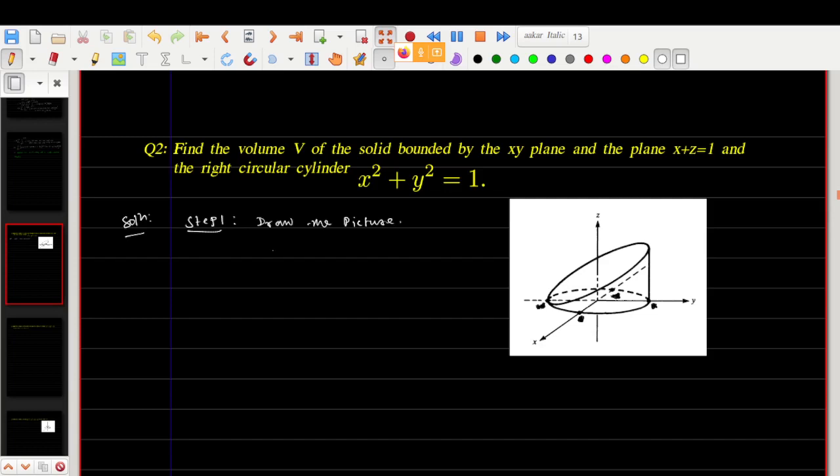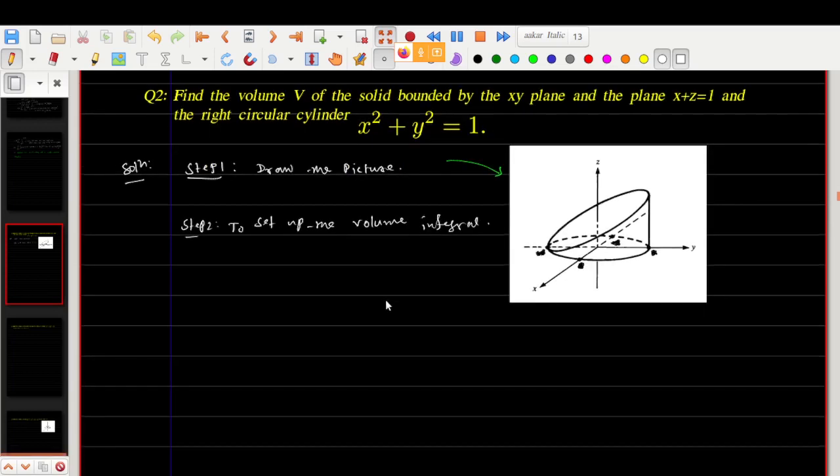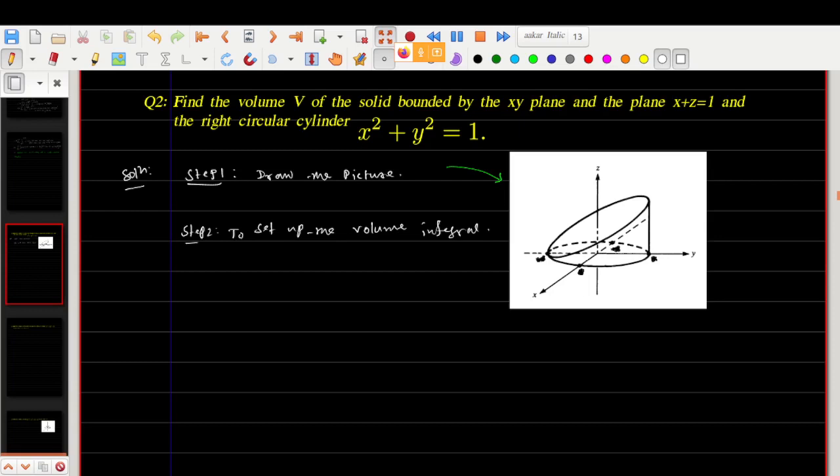If I draw the picture, step 1 is already done as I have already drawn it. Now step 2 is to set up the volume integral, right? So for that, first you note down what is what.